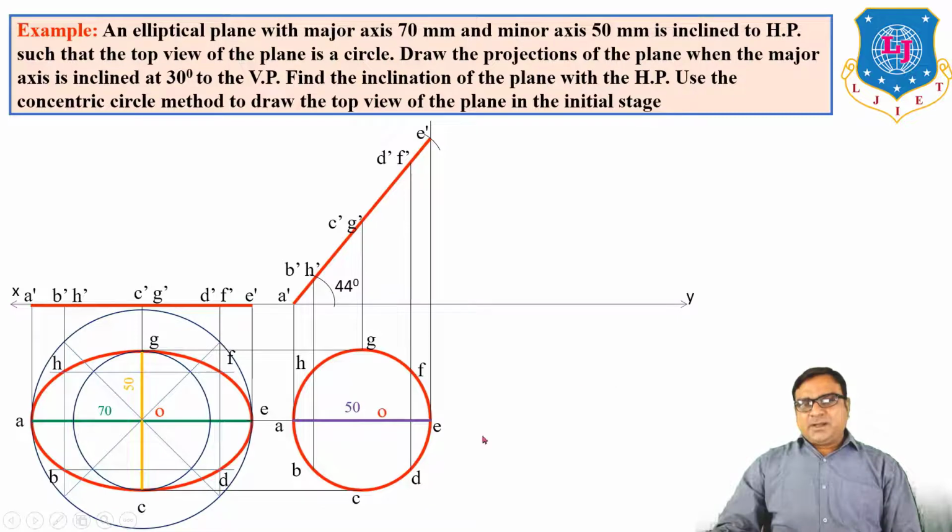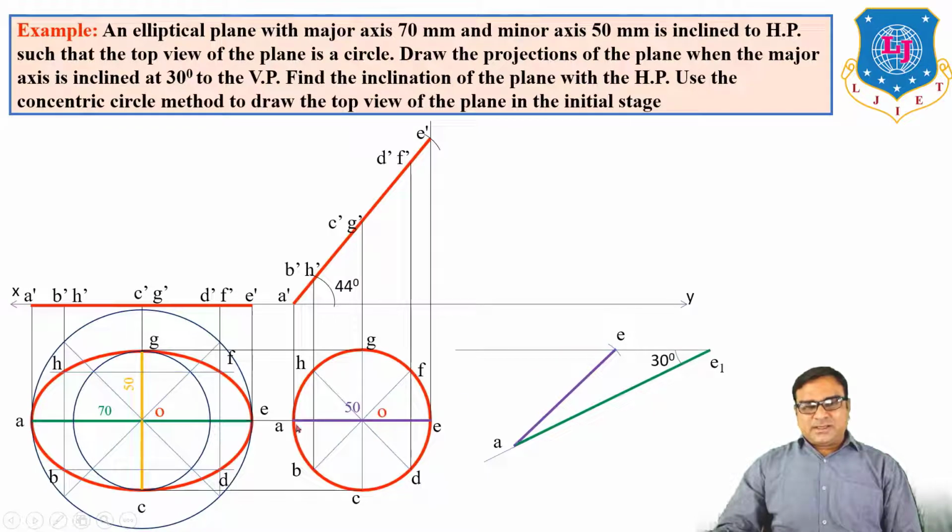So to find the beta angle in step 5, draw one horizontal line parallel to X, draw a 30 degree line. A E dash, which is the true length of the major axis, 70 mm. Now from A center, draw an arc on this line which is the locus of E. The length of this line A E is equal to the top view small a e, 50 mm. And when we extend this line, you will get the angle beta.